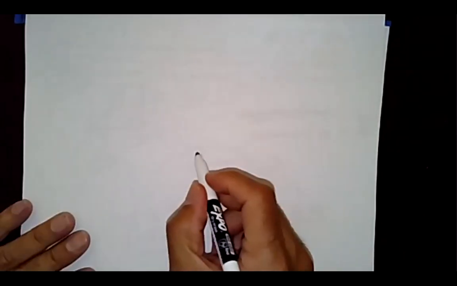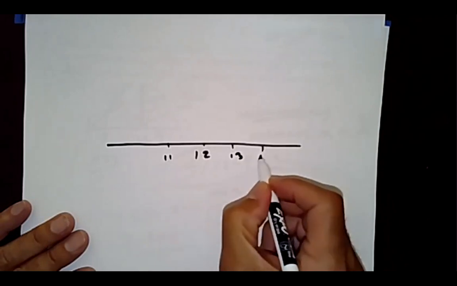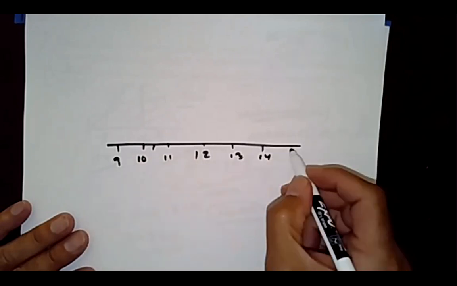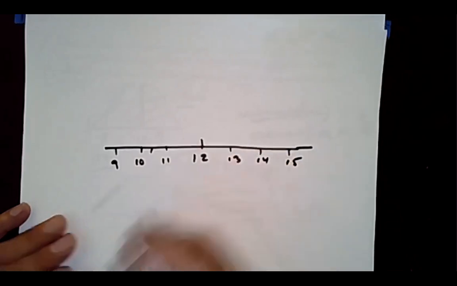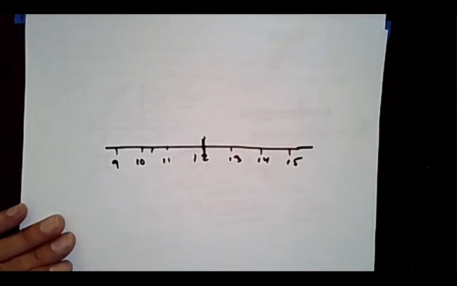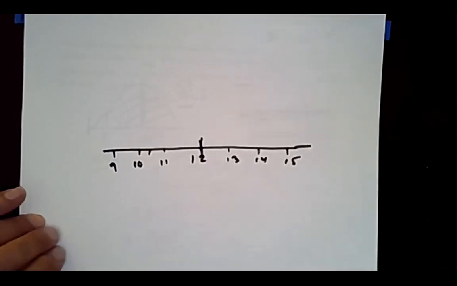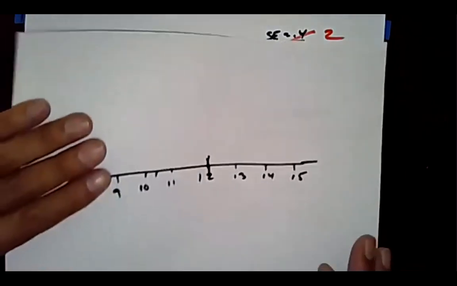Okay. Again, here's my 12. Here's my 11. Here's my 13. Here's my 14. Here's my 10. Here's my 9. Here's my 15, right? Here's my mean right here. So the first one said 11.48 was 90%. And the second one, 9.44.